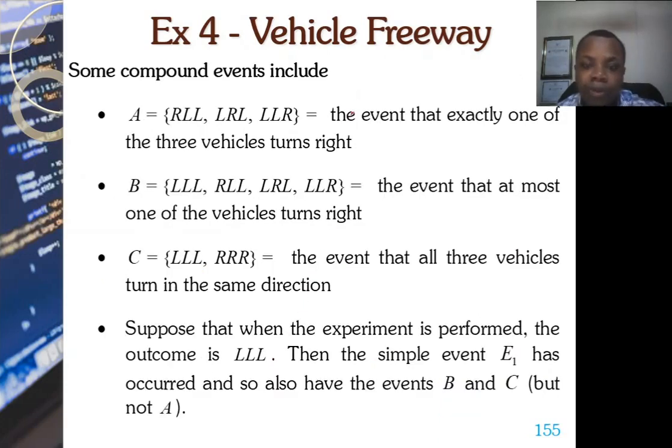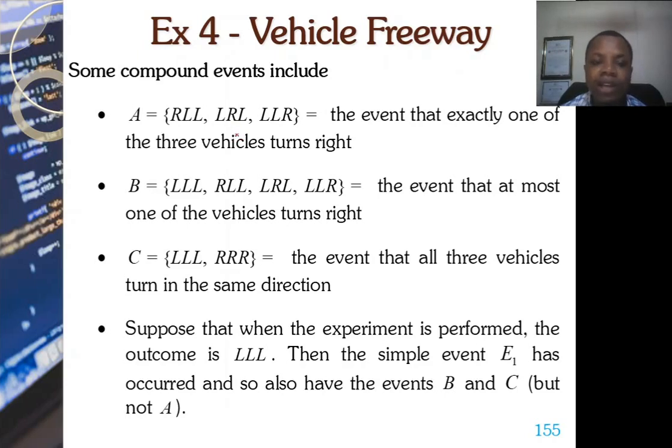Now let's look at the compound ones. Suppose we are looking for the event that exactly one of these three vehicles turns right. So in this case, we are looking at a situation whereby only one of the vehicles turns right.